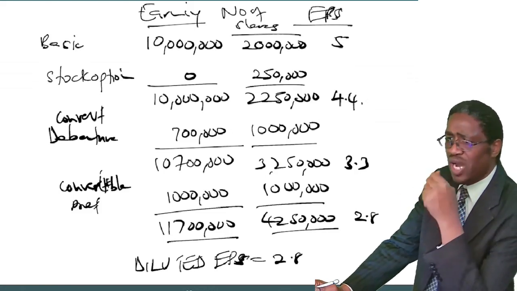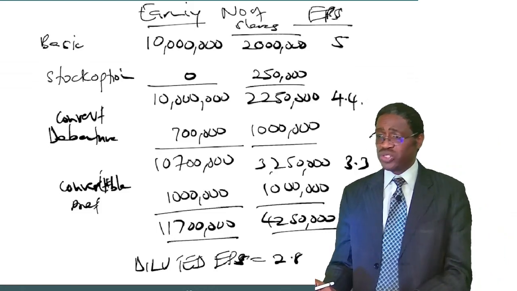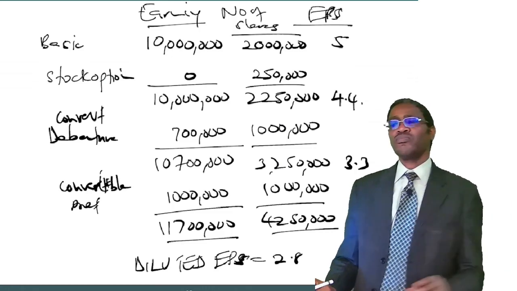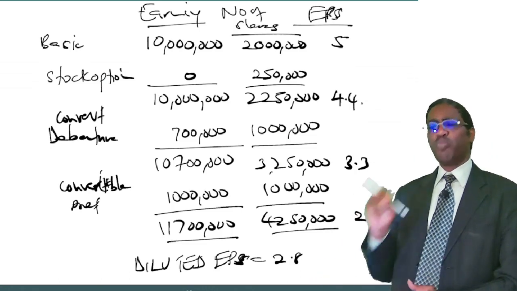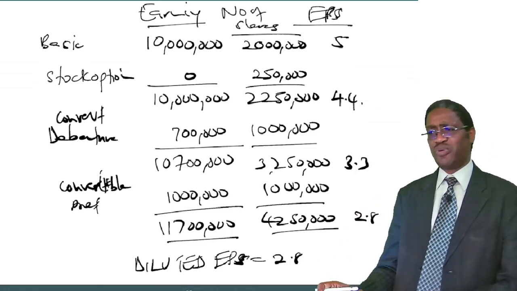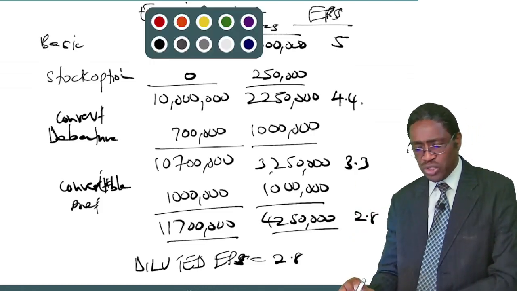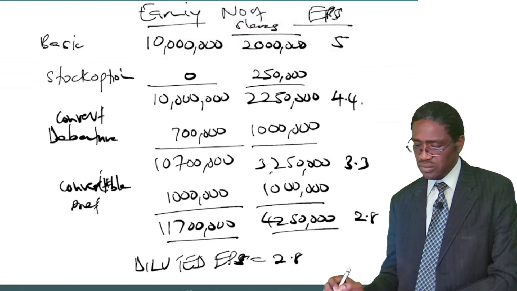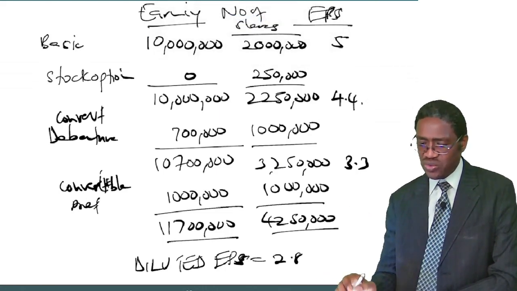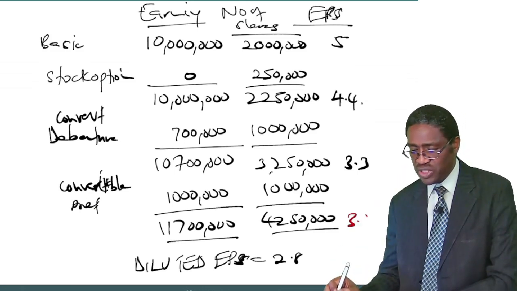Now, before we do another past paper question, let me explain. It is possible that when you put in the last one, that is the convertible preference, suppose you got something like 3.8.